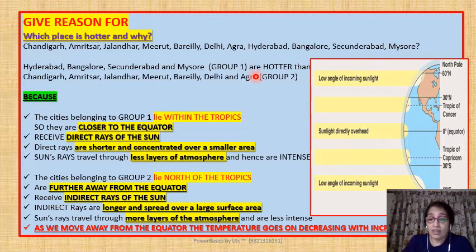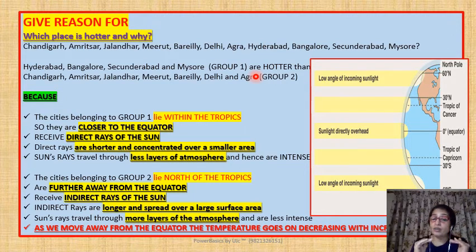So in this chapter, there are many confusing give reasons for. You should be able to identify which geographical region applies to the question. Here, which place is hotter? Hotter means it is a latitude answer, where it is closer to the equator. Some of the cities are closer to the equator.